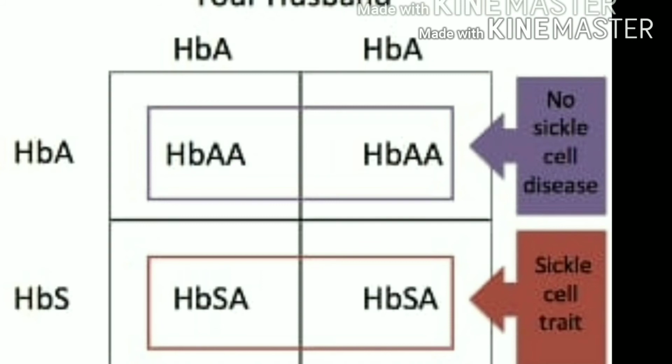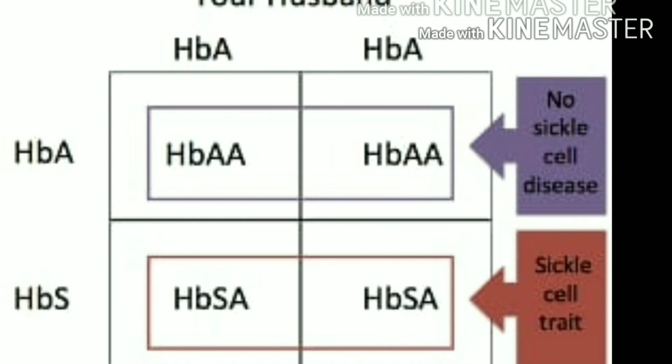Come to the side, it is HB capital A and HB capital S. HBAS is the genotype of the female. That means she is a carrier of sickle cell anemia. HB capital A, capital A is the genotype of the male who is a normal person.